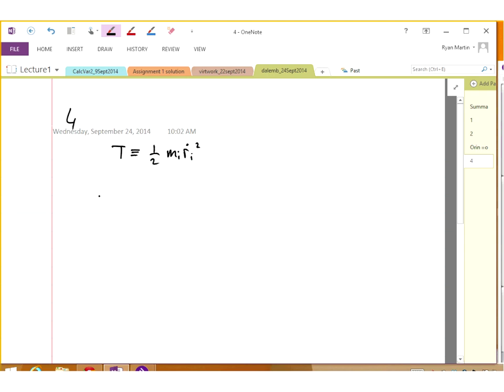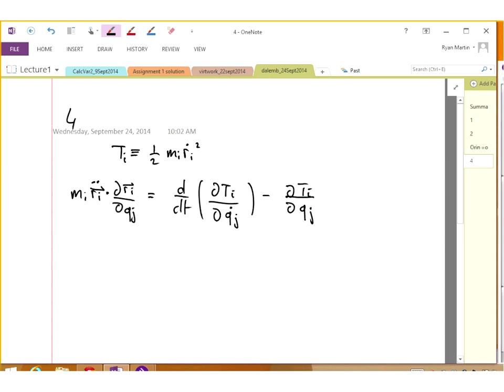And so what we found is that our term that we were working with, m_i r_i double dot dotted with ∂r_i/∂q_j, is equal to d/dt of ∂T_i/∂q_j dot, minus ∂T_i/∂q_j.